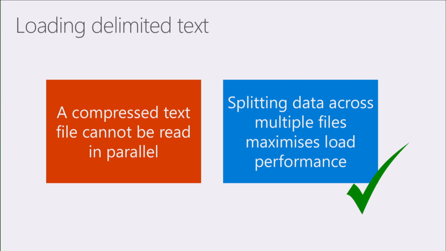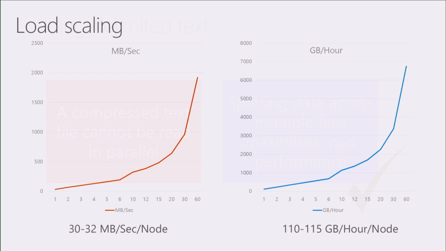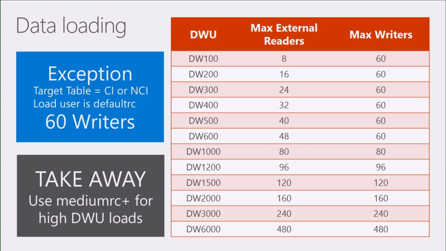So if your data is in compressed text, and we go back and look at the number of readers on the load screen here, what you would do as a take-home is make sure that you split the data you want to load into the table into at least this number of files. Because by splitting it, if you tell me I've got these 10 files, I will send down 10 readers to read those 10 files.